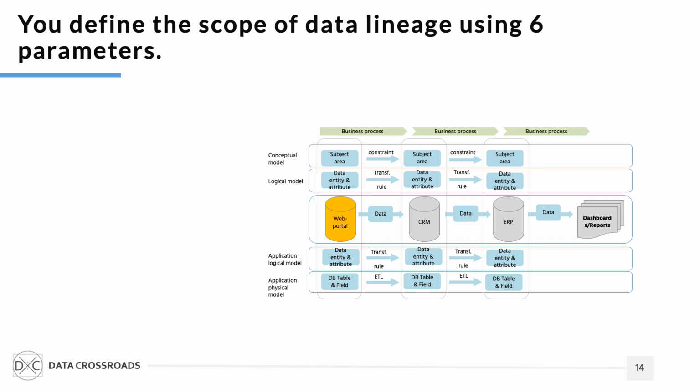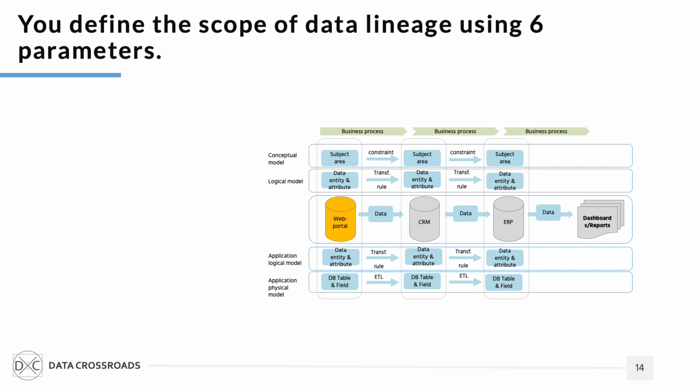Vertical data lineage maps these different levels with each other. For example, business term at the conceptual level should be linked with data entities and attributes at the logical level. Then they in turn should be linked with tables and columns at the physical level.